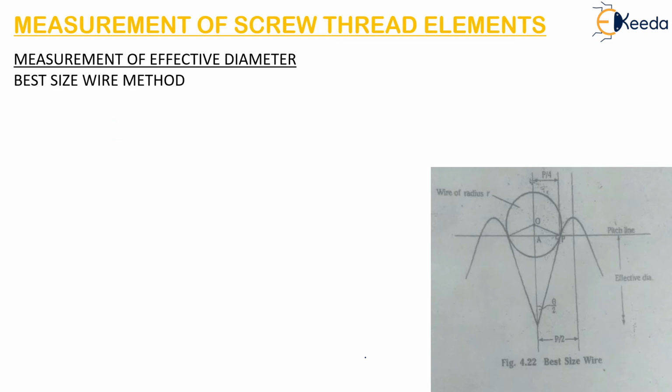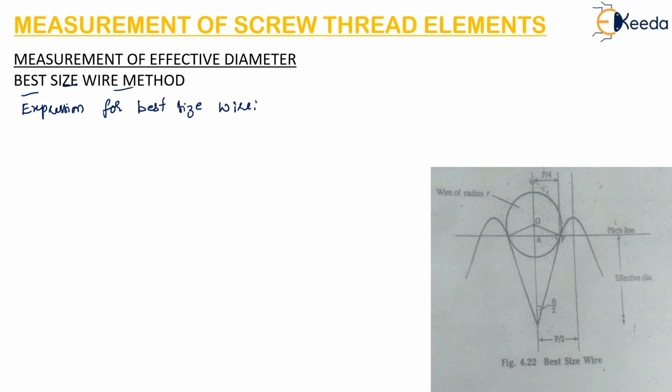The next one is the best size wire. So what is the expression for this best size wire? The best size wire is the one which makes contact at the pitch line or the effective diameter of the screw thread.